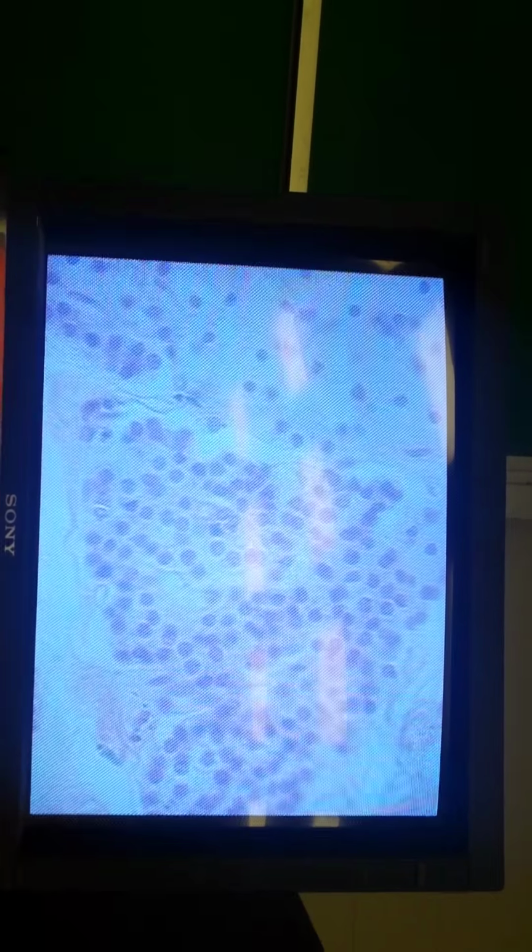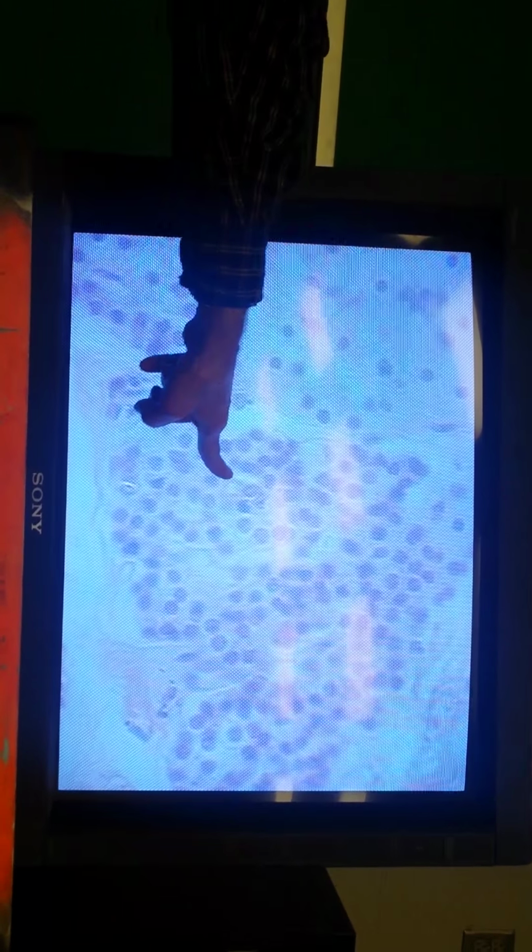And let's go up here. And I might ask you, at a magnification something like this, what these cells are. Chief cells.